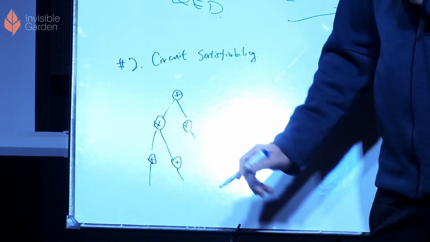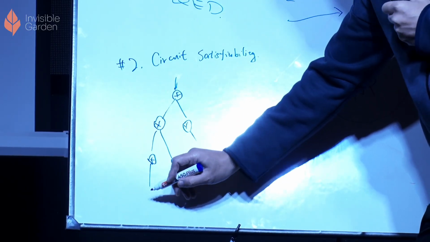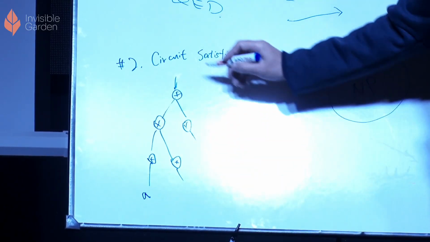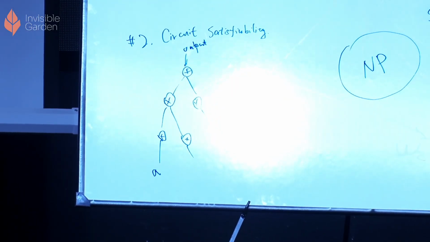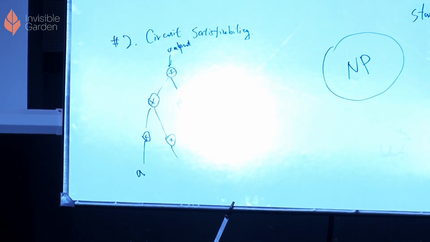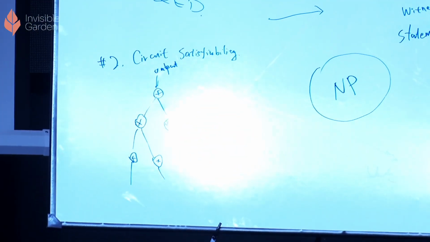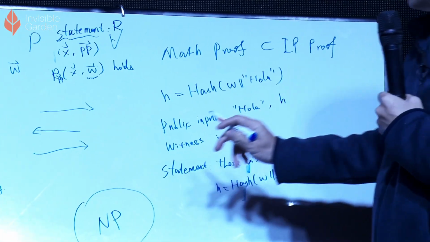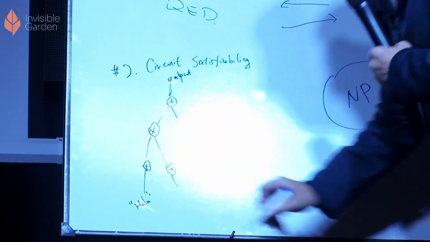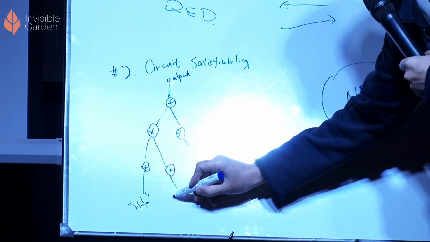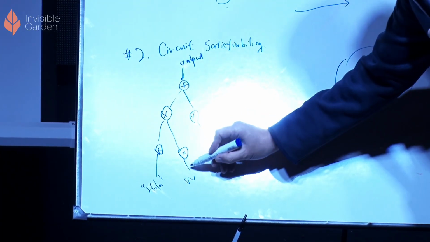For example, here is the public input, the input A. Then here is the output. In this tiny example, the output is the little h, right? And then here is probably the W, a private input.